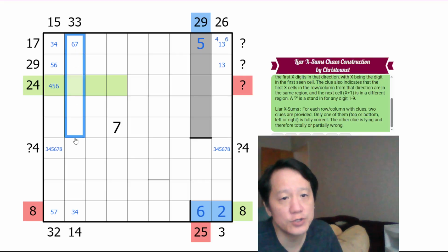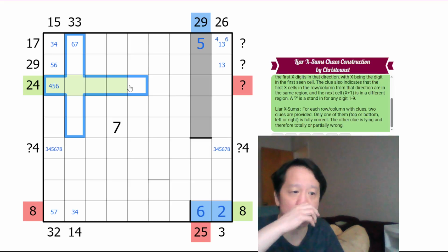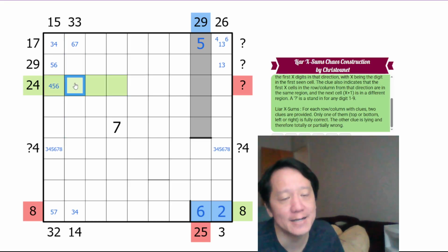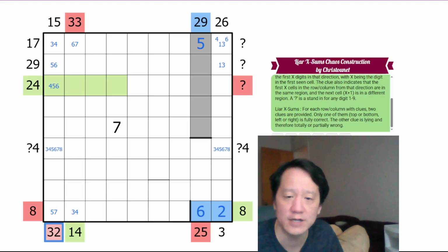If this were true here, this would be way too big of a region, right? 24 plus 33 is 57 minus 9, because you're double counting it, would still give you a value of 48. So this cannot be true. So this is false, which makes this true there. So this is true, which means this has to be false because, well, actually, it doesn't have to be. Never mind. We know these are valid.